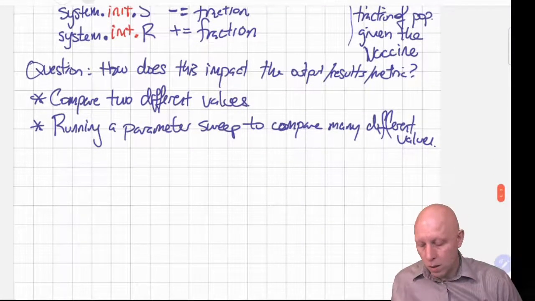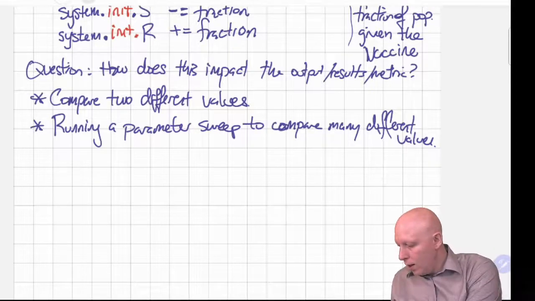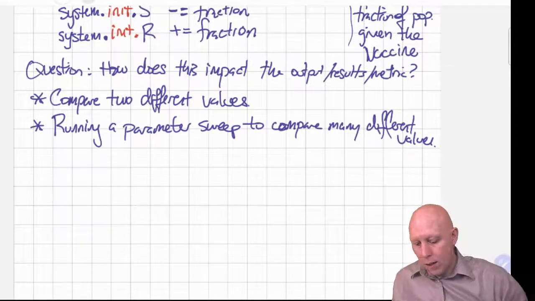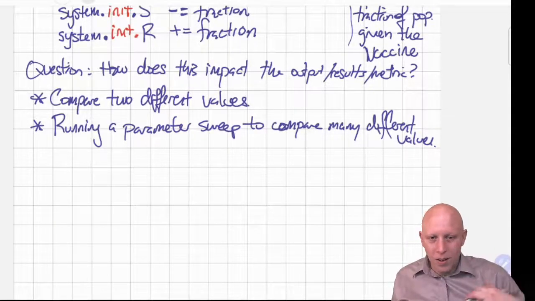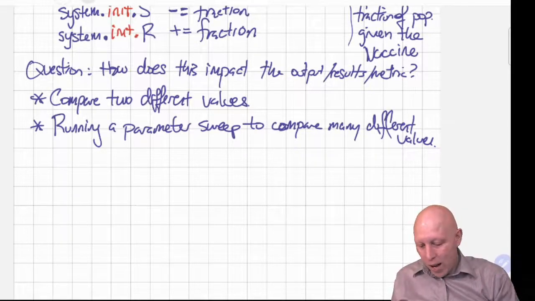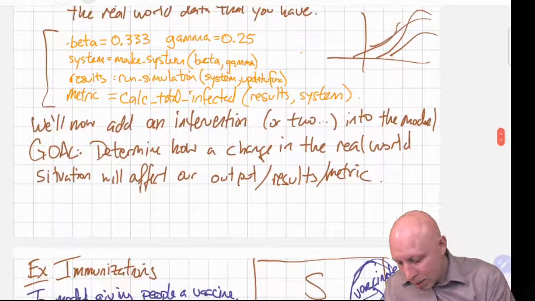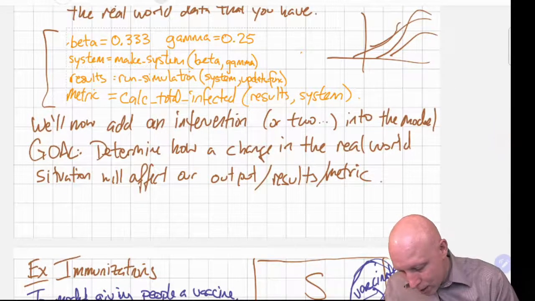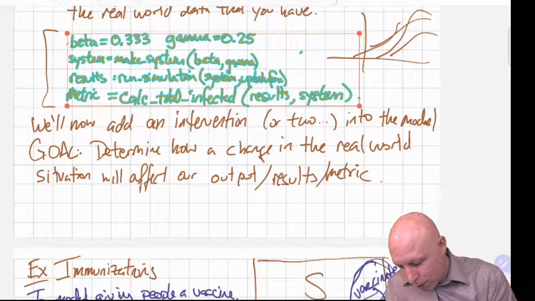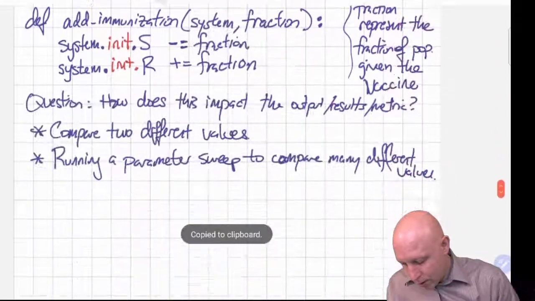All right, so here's where we're at this point. We have our code that calculates the metric that we care about. Let me copy this, bring it down.